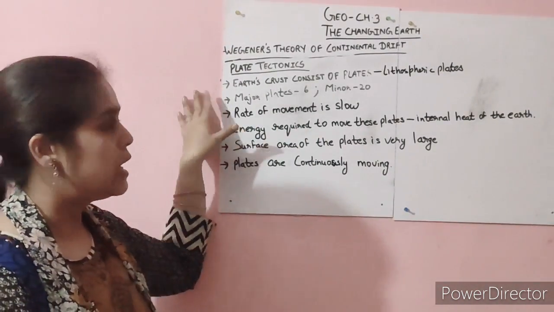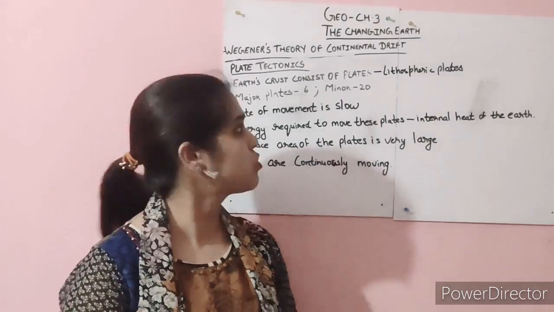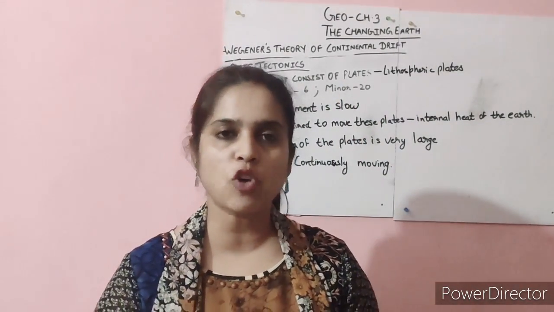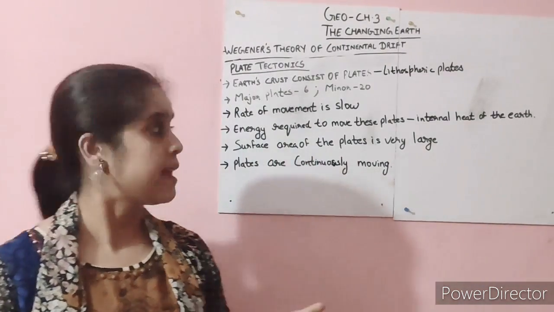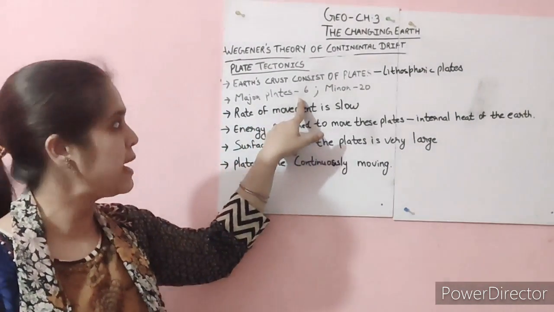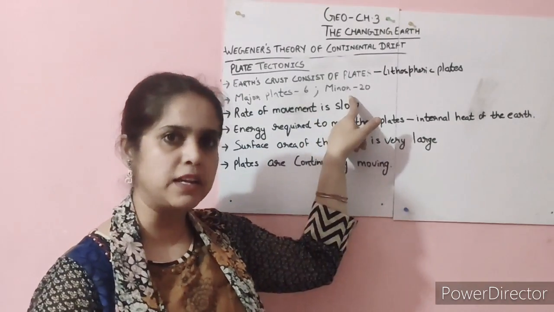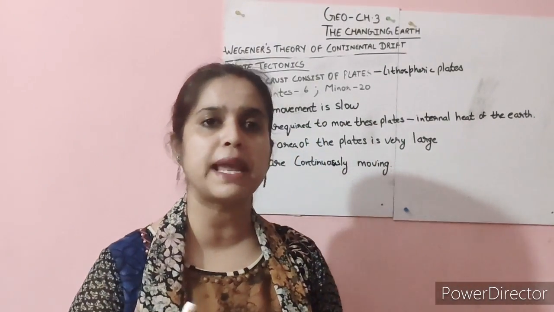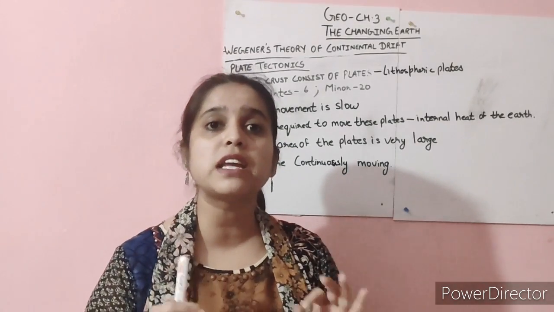Now, we'll understand what is plate tectonics. See, the Earth's crust consists of plates which are known as lithospheric plates or tectonic plates. There are 6 major plates and 20 minor plates. The rate of movement of these plates is very, very slow.